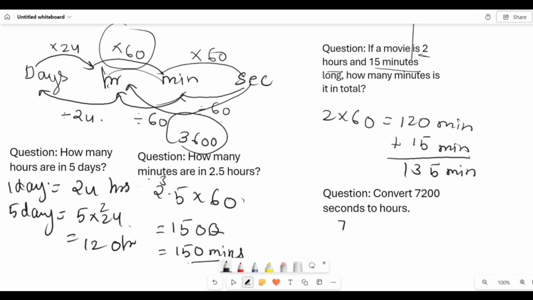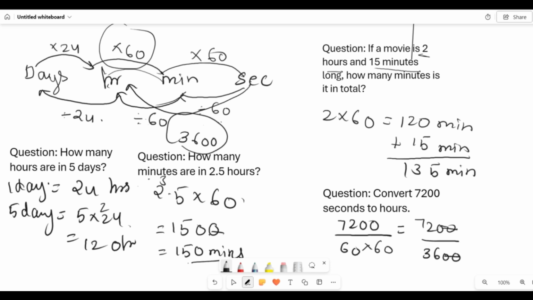So here the number is 7200. First you will divide it by 60 so that seconds are converted to minutes, and another 60 to convert minutes to hours. So 60 into 60 will be 3600.